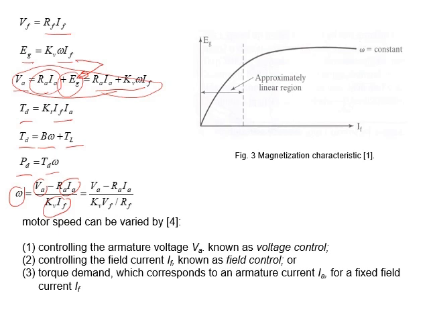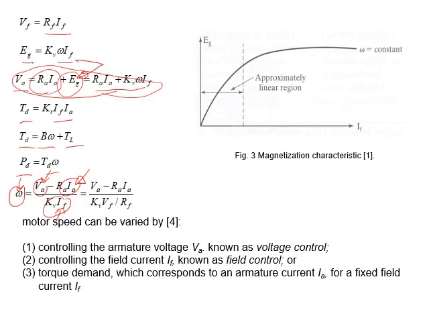We can control the speed by controlling the voltage V_A, or we can control the field current I_F, or we can control the armature current I_A, keeping I field constant because of the problem of saturation. Controlling any one of them, V_A, I field, or I_A, will give control of the speed. So how can we control the speed?